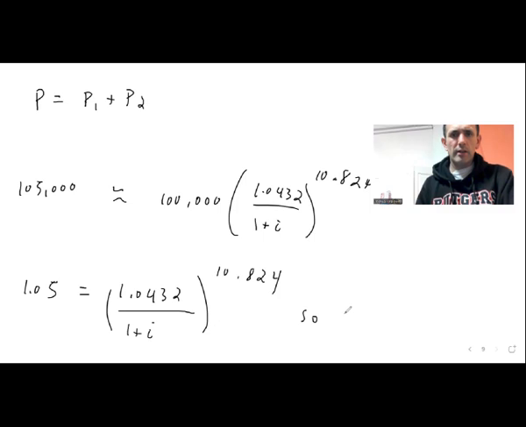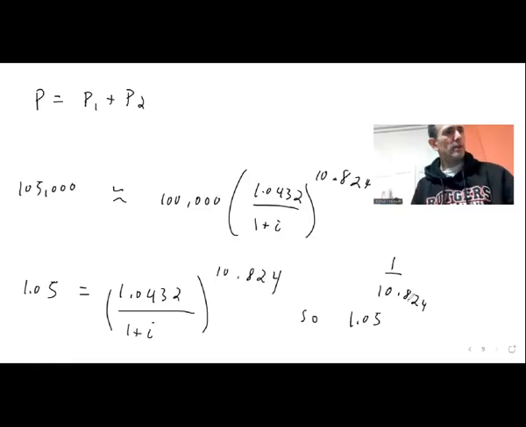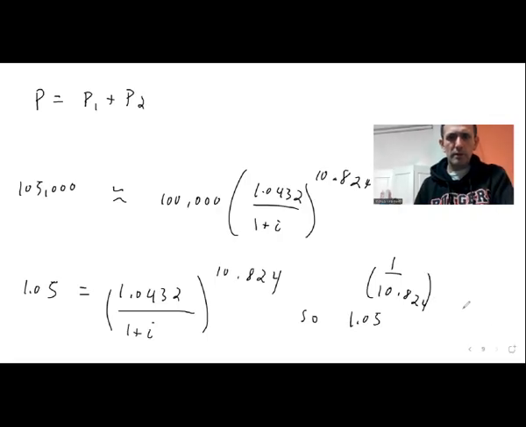Actually, I could just do this real quick. 1.05 to the 1 over 10.824. It's going to be 1.0432 over 1 plus i. So I'm going to get this and then just do 1 over that and multiply by 1.0432, and that'll give me 1 plus i.